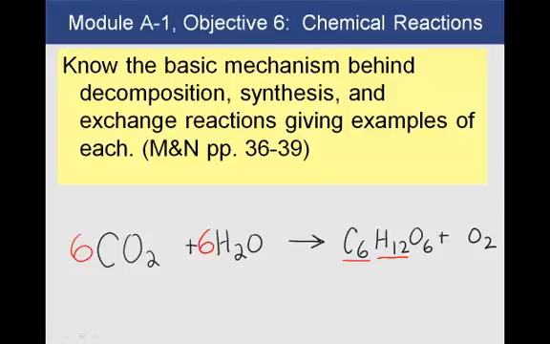Last but not least, let's look at oxygen. Oxygens are a little harder because they occur in 2 molecules on one side and 2 molecules on the other side.